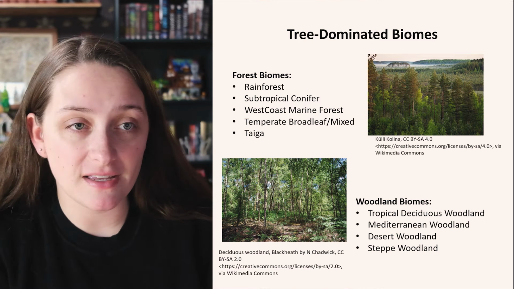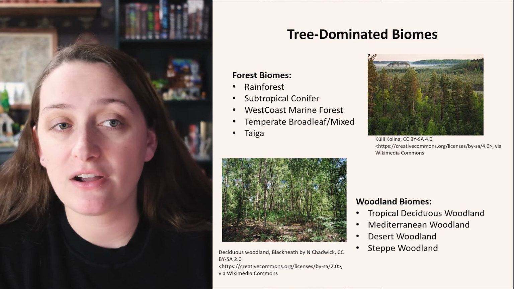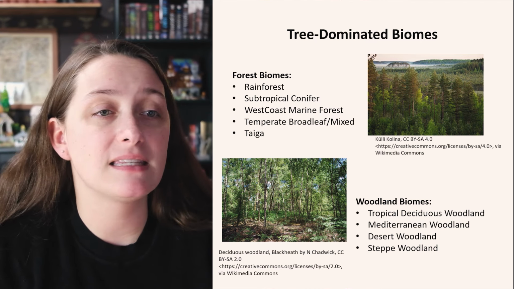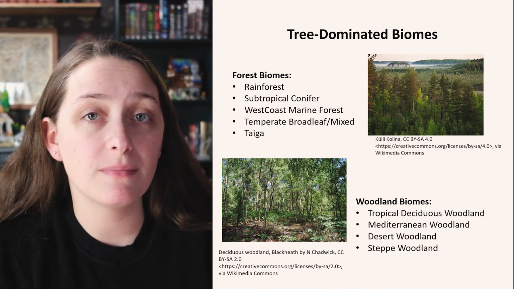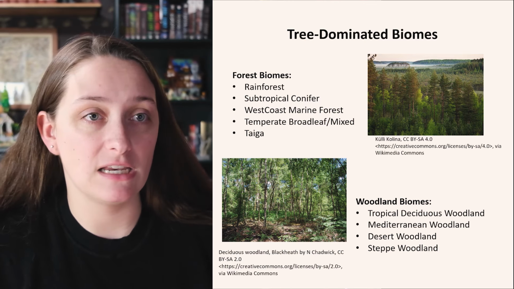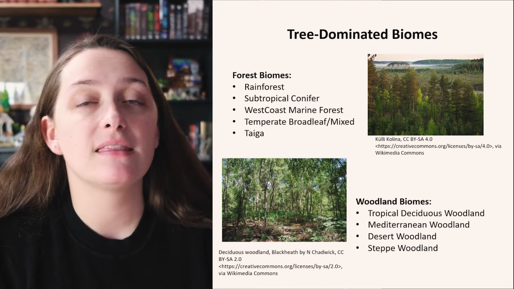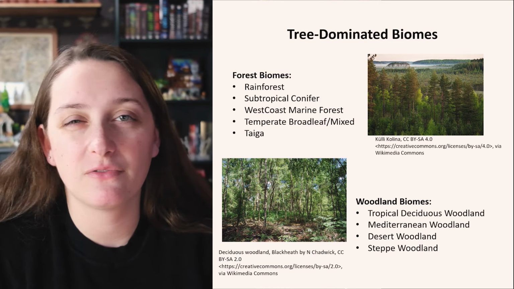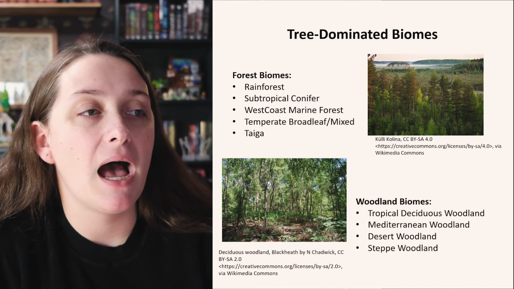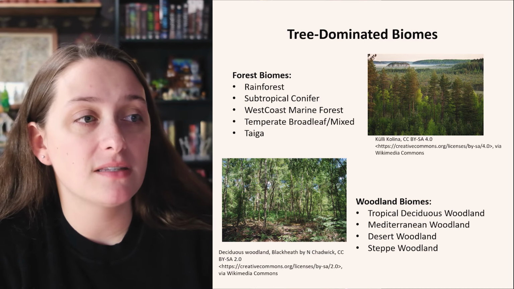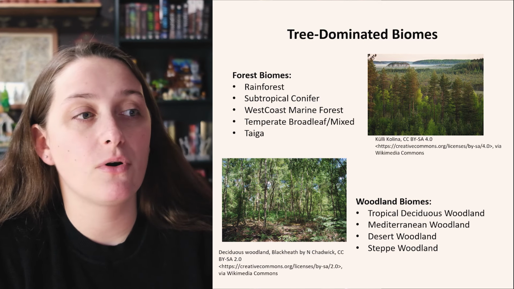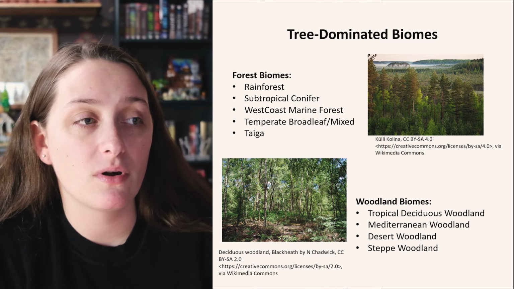So forests can have multiple layers or stories or canopies to them. They can have discontinuous or grouped shrub stories underneath that main continuous tree cover. They can have undergrowth like grasses, forbs, etc. Forbs are like flowers or weeds.